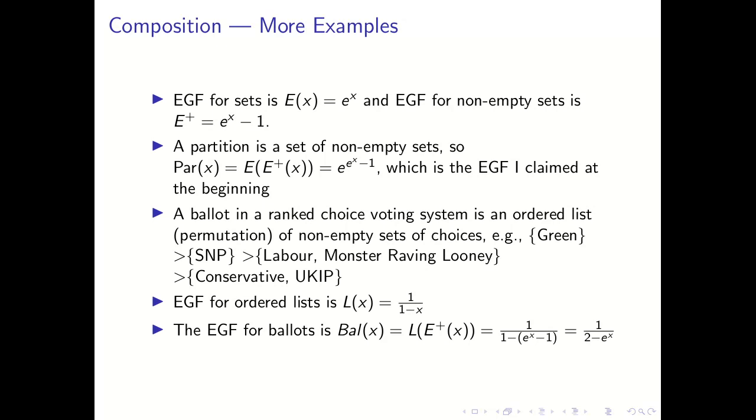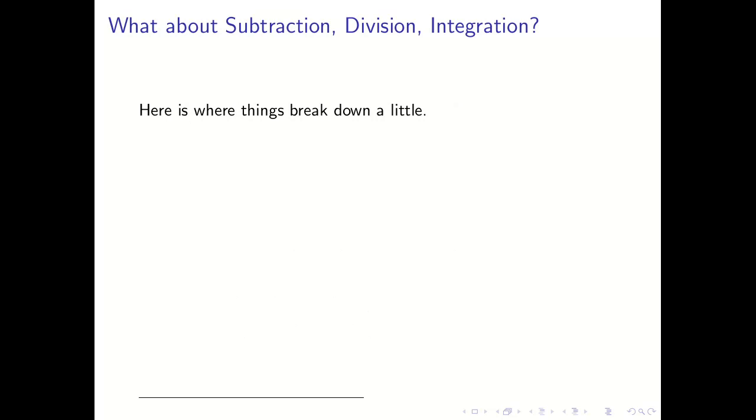Okay, so I've talked about 4 operations which are very nice in that we can do stuff, but you're probably thinking, well, I haven't really talked about the inverse operations. Like, I haven't talked about subtraction, I haven't talked about division, I haven't talked about integration. And that's because they're not as nice.